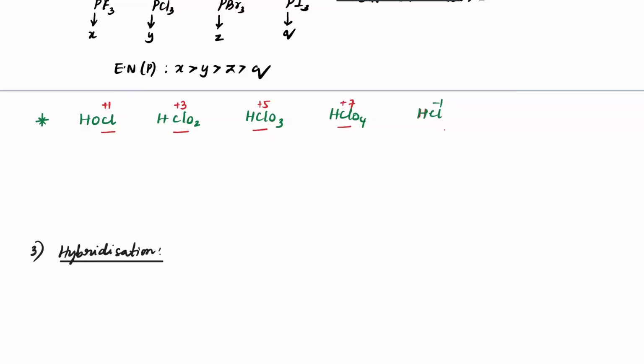If these are X, Y, Z, P, Q, then the electronegativity of chlorine in these cases is definitely P greater than Z, then Y, then X, and the least will be Q. So this is how the electronegativity varies.